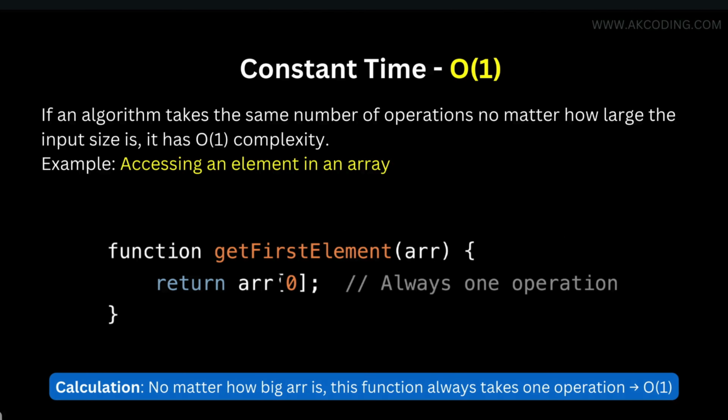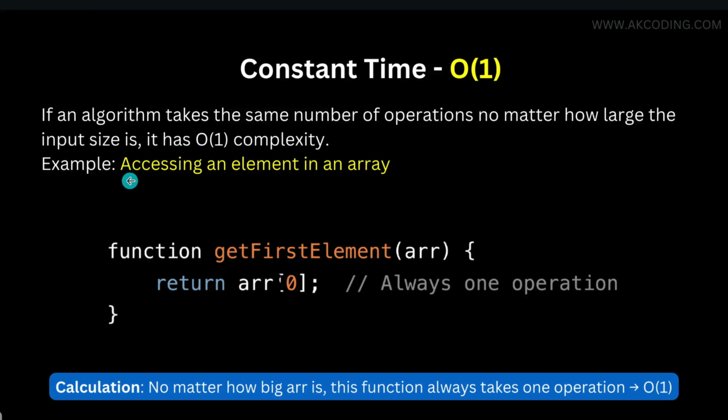Now let's discuss time complexity calculation with examples. Number one, constant time. If an algorithm takes the same number of operations no matter how large the input size is, that is called O of 1 complexity. O of 1 means constant time.